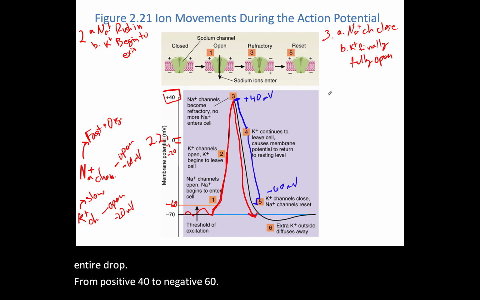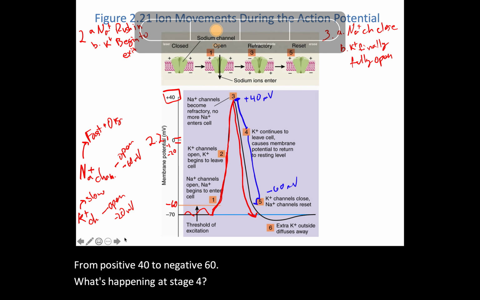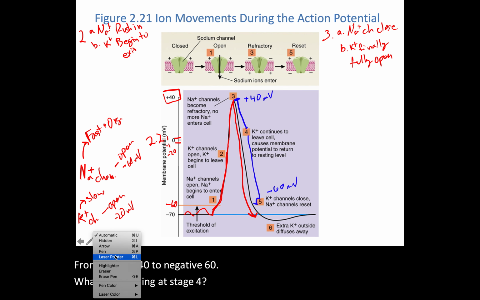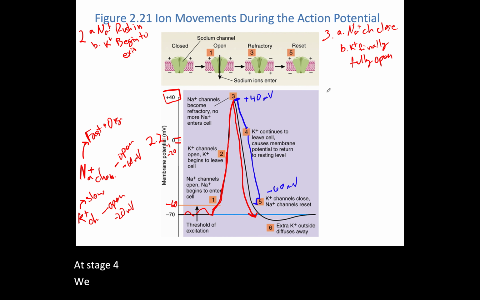What's happening at stage 4? At stage 4, we have a couple of things. K plus is rushing out, hence hyperpolarizing.